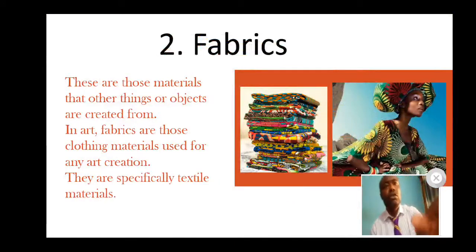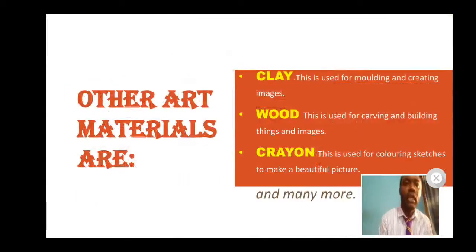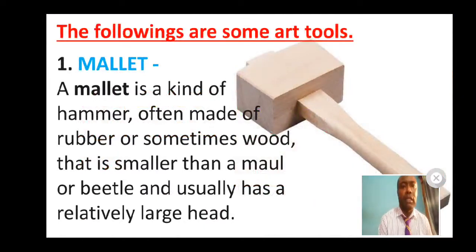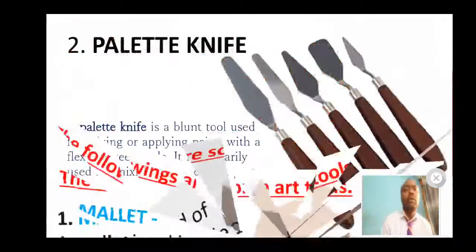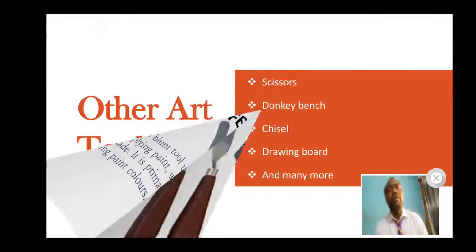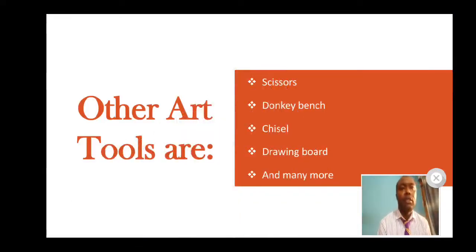The third is clay, wood, and crayon. We have 5 art materials listed here. Now what are the tools? The tools are mallet, palette knife, scissors, donkey bench, chisel, drawing board, and many more. So we have 5 tools and 5 materials.